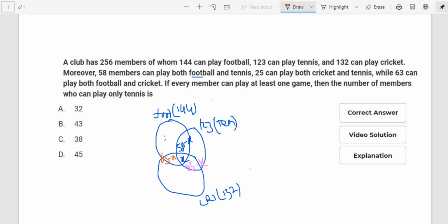So for calculating, first I add 63 and 58, that is 121, and when we subtract this from 144, I get 23 plus X.